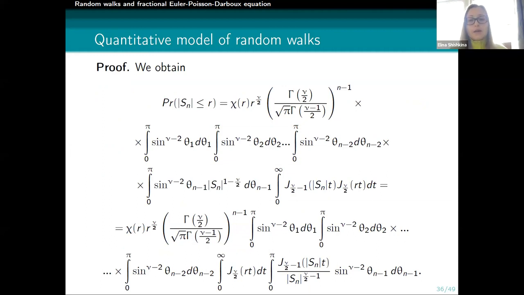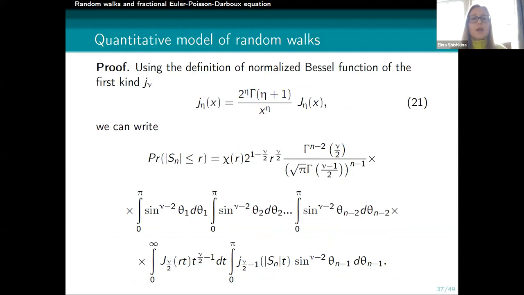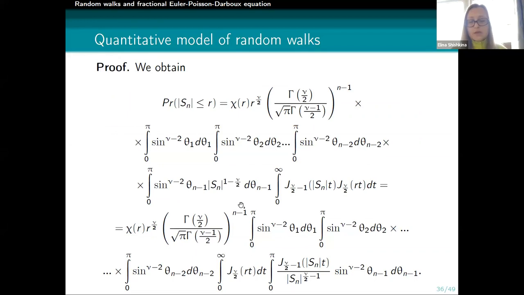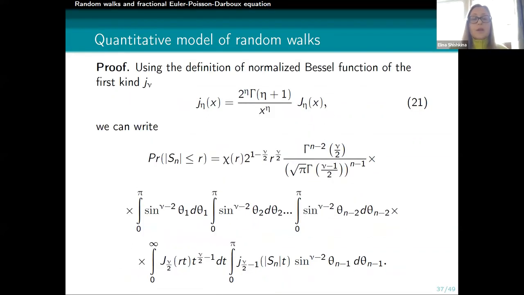And we obtain this probably complicated formula, but we can use some next techniques and obtain just one integral. What we can notice here is that we can use our normalized Bessel functions, because actually we have such multipliers in our formula.